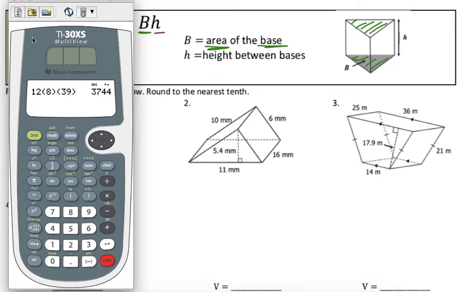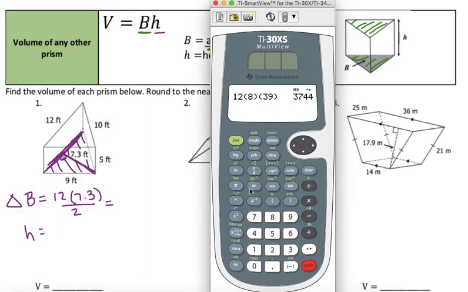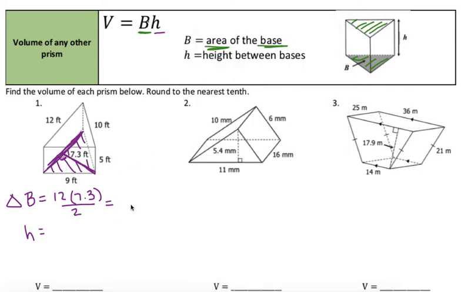Let me grab my calculator and let's find what that calculation is. 12 times 7.3, base times height, divided by 2. I can write that as divide by 2, or if I want it to match exactly what was written there, I can say divided by 2. Either way will get me the same answer, which says the area of that base is 43.8.